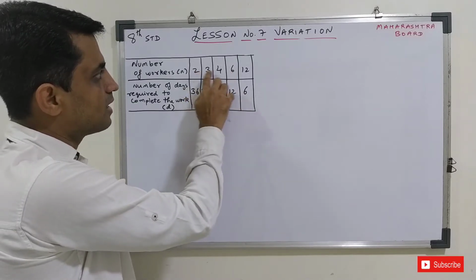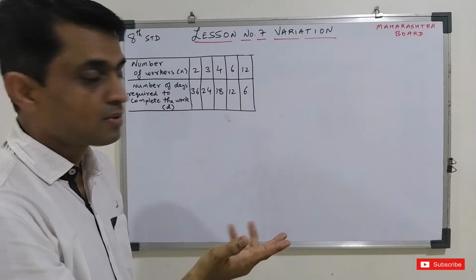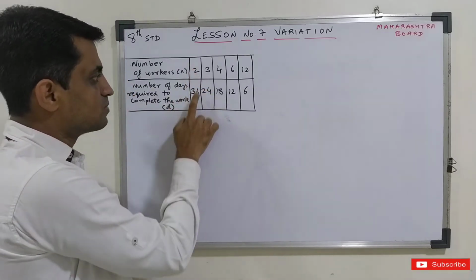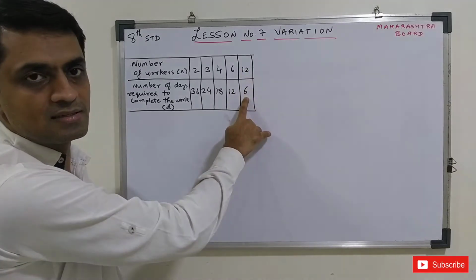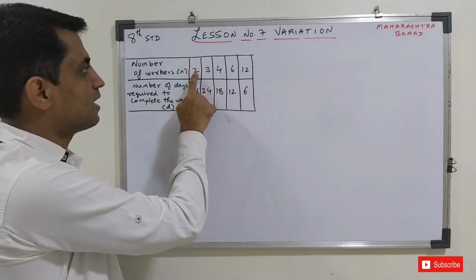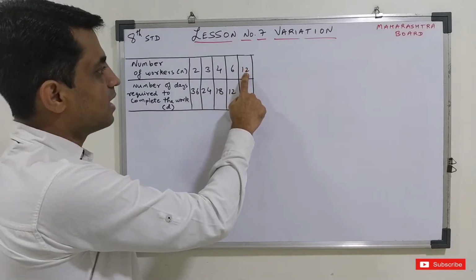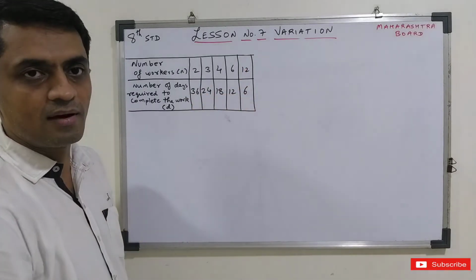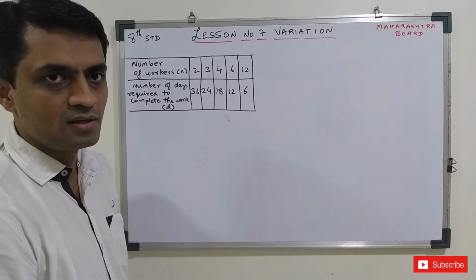It means fewer workers, more days, and more workers, fewer days. I repeat again, if the workers are fewer, more days will be required. If the workers are more, fewer days will be required. So this type of relation is called inverse variation.